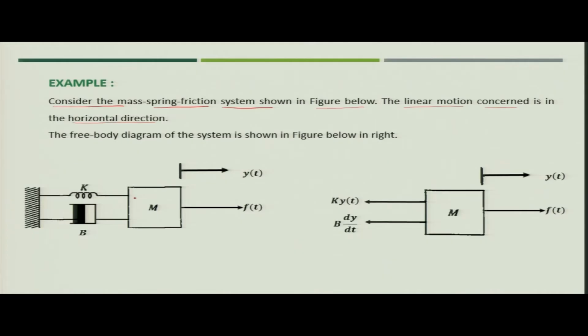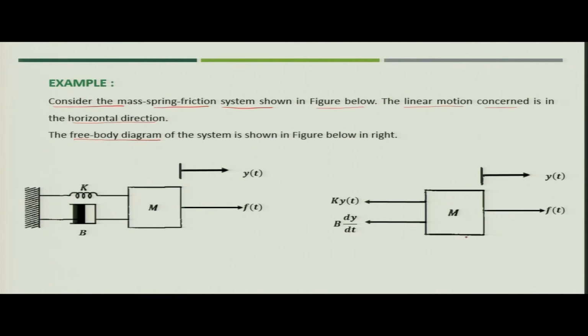It is having a spring with spring constant K, and you represent the friction with a dashpot, and the viscous friction coefficient which we have considered is B, and the force F which is applied to the mass. Now, if you create the free body diagram of this system, how will you represent it?